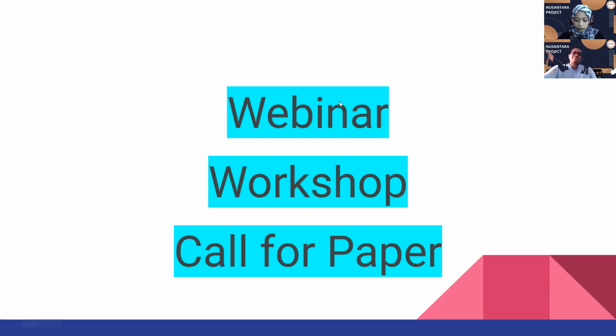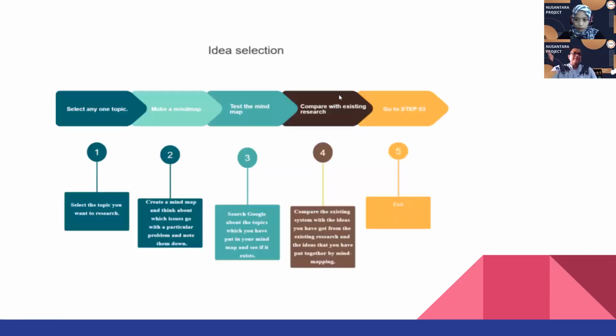This is similar to what I said before about idea selection. Select just one topic, your interesting topic, and then make a mind map, and then test the mind map, do a literature review, search Google Scholar, for example, to find appropriate journals, and then compare with the existing research.